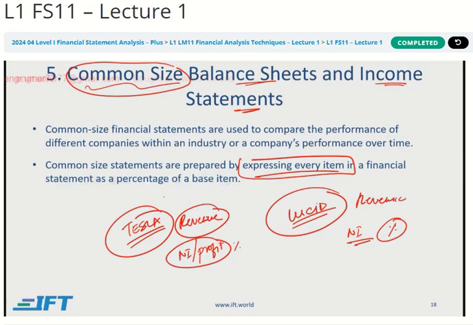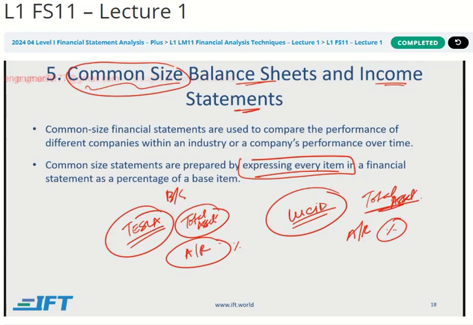So for example, if we talk about the balance sheet, here we will take it as a percentage of total assets, right? So total assets of Tesla, and then we can see, let's say, what percentage accounts receivable of Tesla is of their total assets versus what percentage accounts receivable is of the total assets of Lucid.